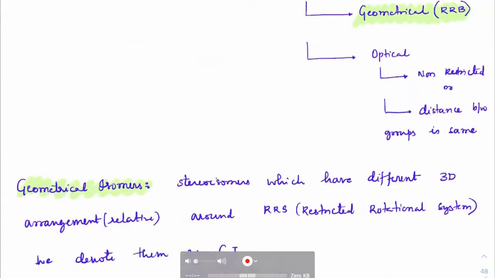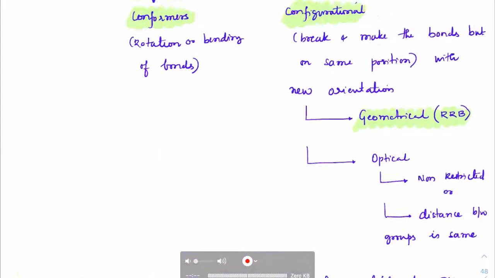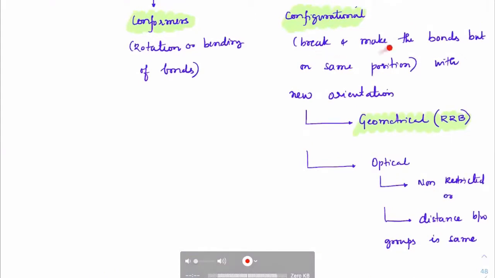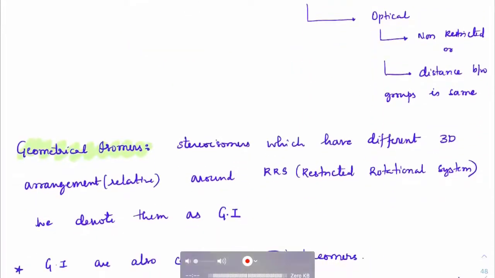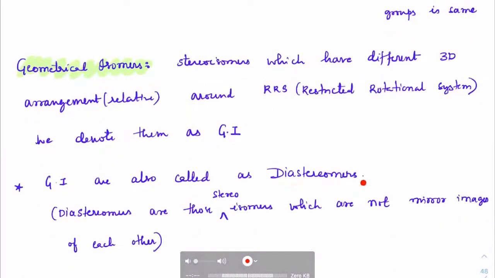So let me just brief here about geometrical isomers. It is a configurational isomer. Here also there is a breaking and making of bonds at the same position, but with new orientation. One very important deal here is we need to have a restricted rotational system. They are also termed as diastereomers because they won't be mirror images of each other, like cis and trans.